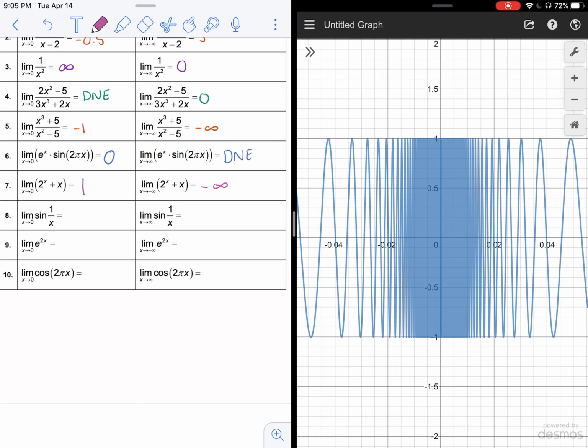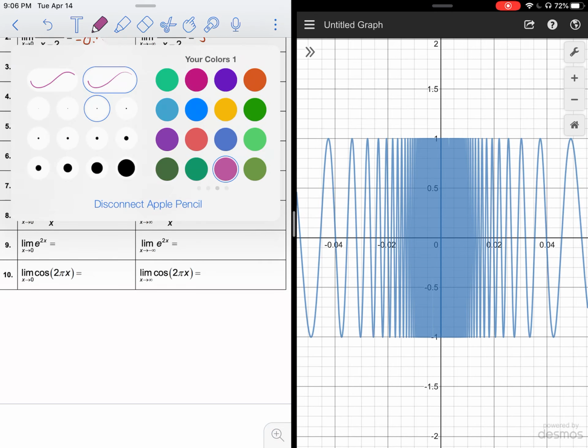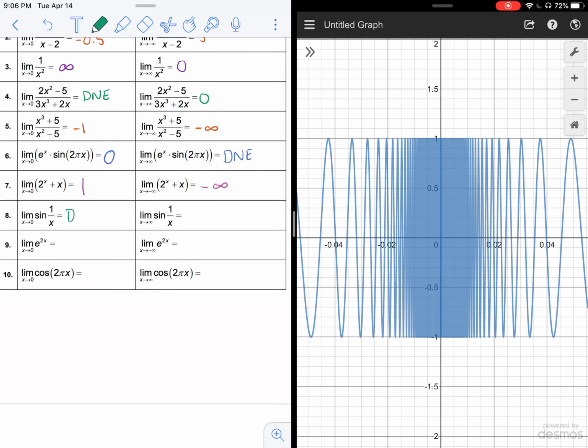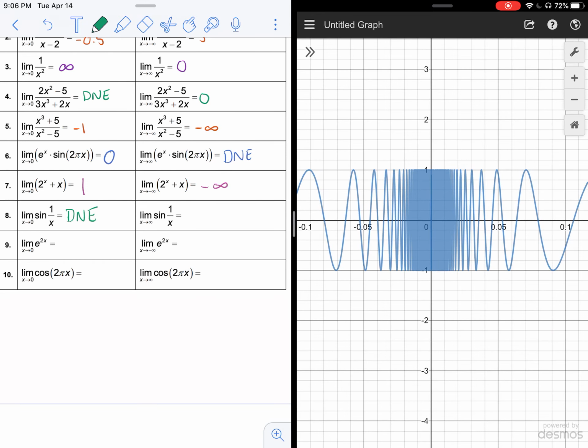The y values are not getting any closer to 1 or to 0. They are just bouncing back and forth between 1 and -1. Every single time we're going 1, -1, 1, -1, 1, -1. So it's not converging toward a smaller number, it's just going back and forth between the same two numbers. So this would be a case where this oscillating function at the point 0 does not exist.